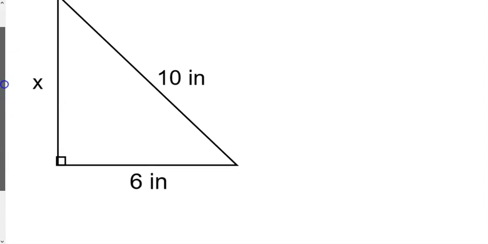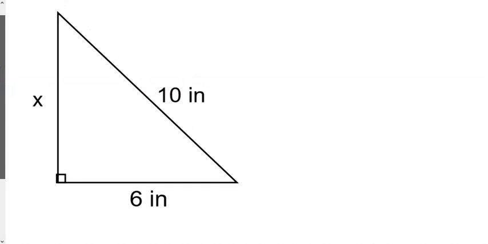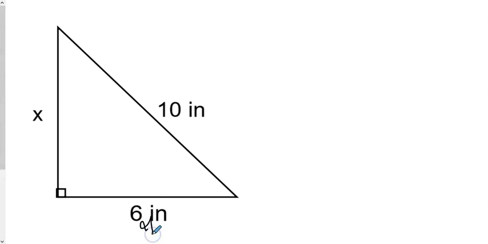But on this one, notice we could do tangent. We could use sine, cosine, tangent. Well, no, we couldn't on this one. My bad. On this one, since we don't have any degrees here, we just have sides. This is going to be a squared plus b squared equals c squared.